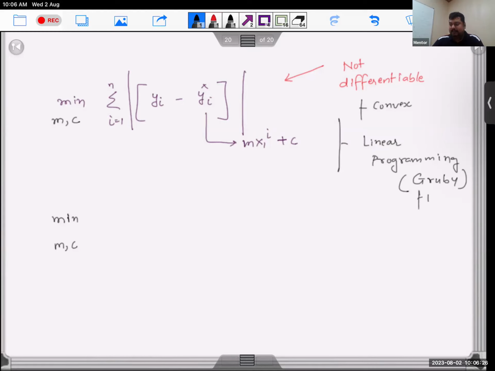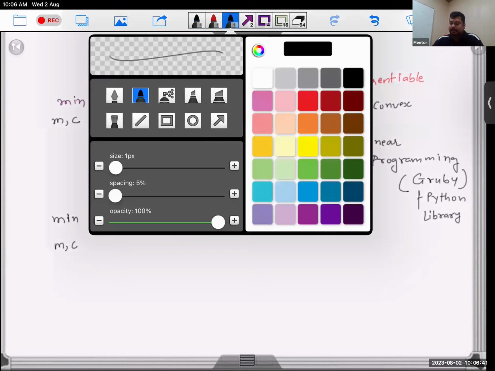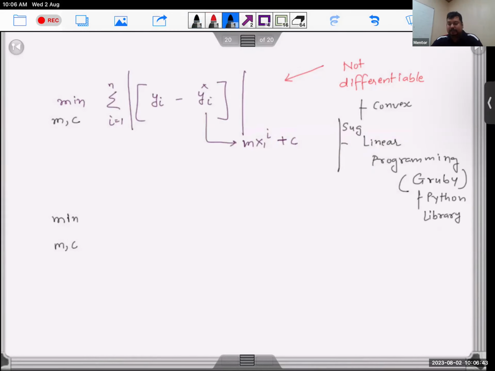It is a Python package which can help you do linear programming. But you have to read first about how to do linear programming. This is just a suggestion. I don't recommend reading it if you are not comfortable with maths.